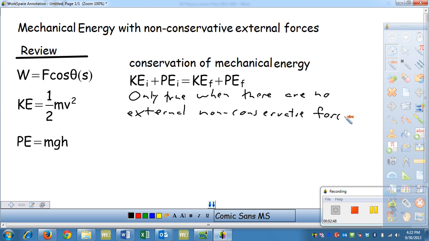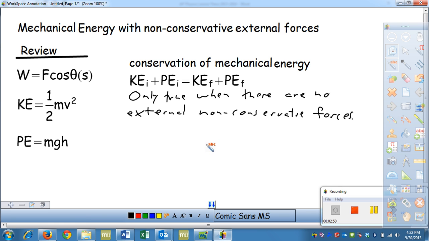Let's see how it does with that in my writing. Only true when there are no external non-conservative forces. Very amazing. Okay, so that's what we've done so far. And we solved various problems using that.